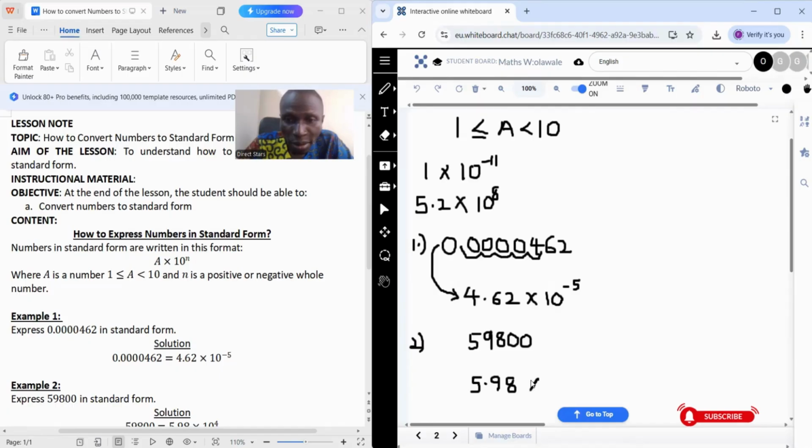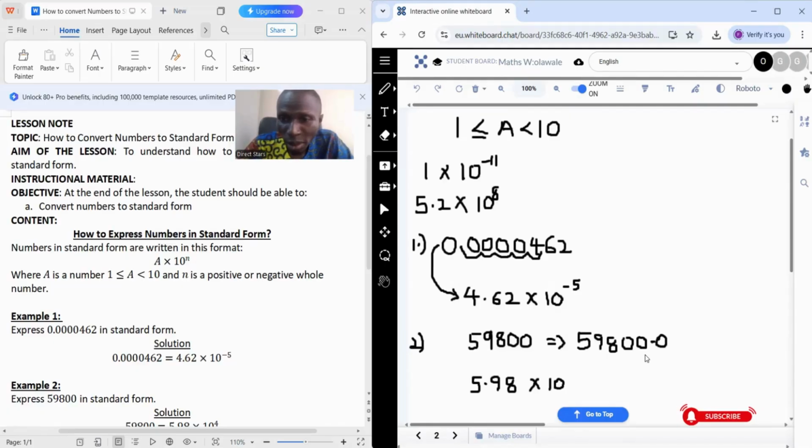Then times 10. Now if you want to get the power, you can write 59,800 as 59,800.0. Now to know the number of places that we're going to move the decimal point to make it 5.98, which is the first number.